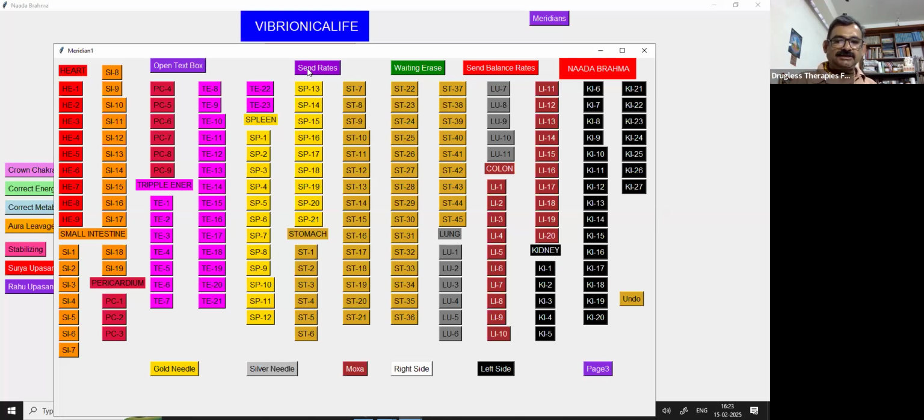Individually we are getting stomach 9 and stomach 25. But if you want to get a combined music, we can send this way. So this is how we can generate 9 and 25 for high blood pressure.